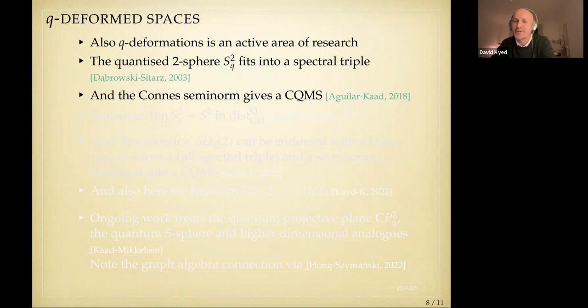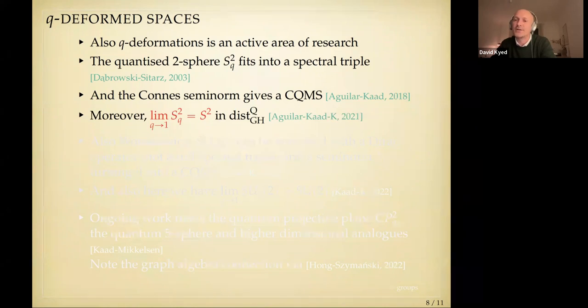For instance, what happens when you start moving your deformation parameter Q around? And if you work a bit, you will see that this actually forms a continuous family for this quantum form of Hausdorff distance. So in particular, these non-commutative quantum spheres will converge to the 2-sphere with its round ordinary metric as Q tends to 1.